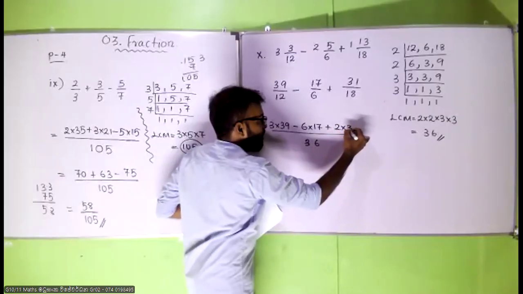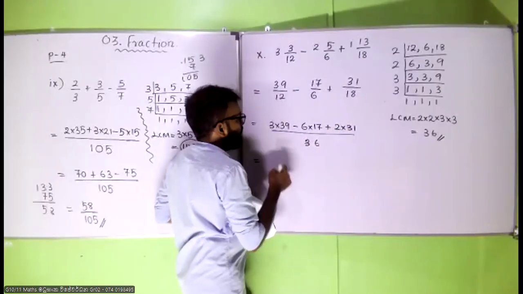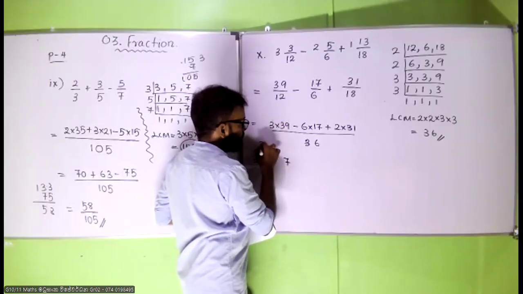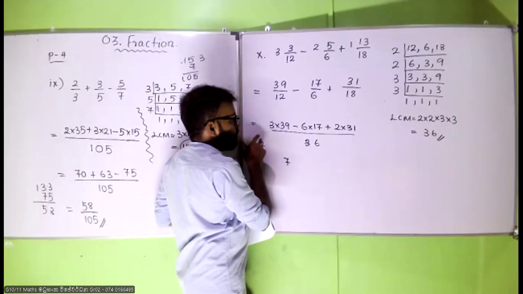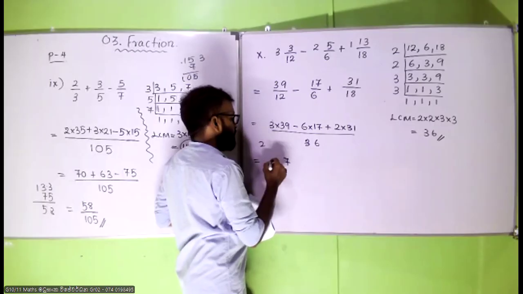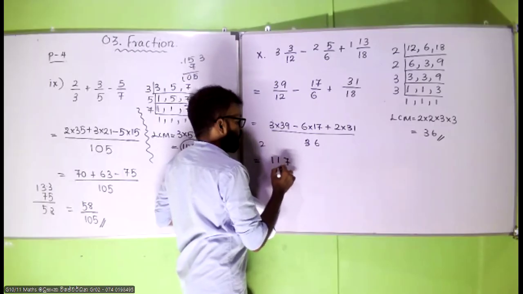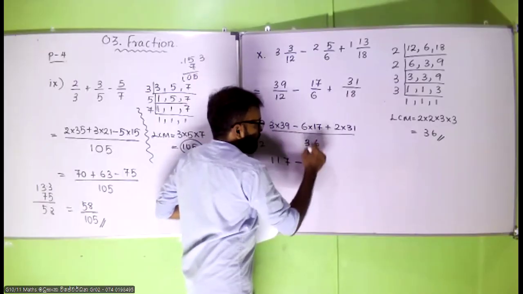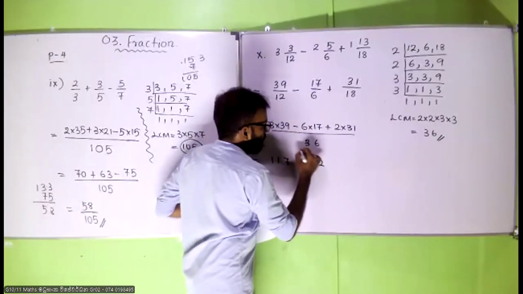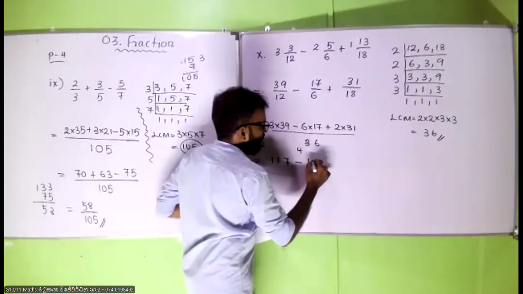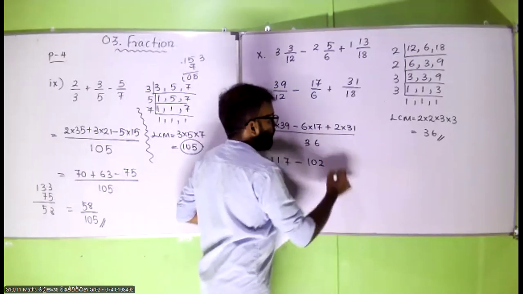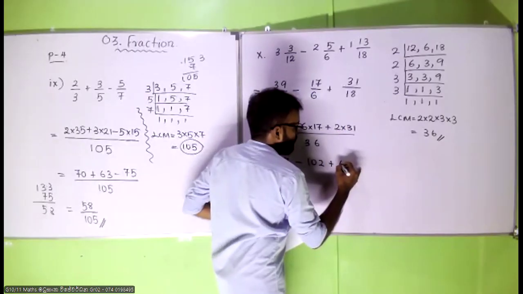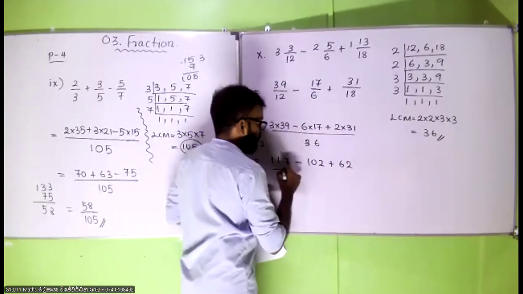I will write it like this. 3 times 39: 3 times 9, 27, remainder 2, 3 times 3, 9, 9 plus 2, 11, so 117. Minus 6 times 17: 6 times 7, 42, 60 plus 42, 102. Then plus 2 times 31, 62. Right?